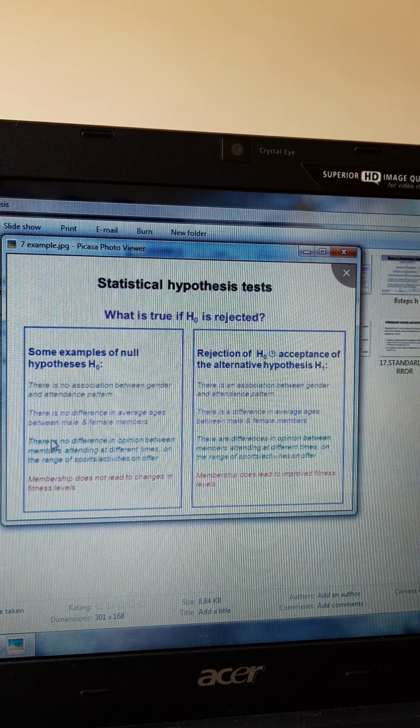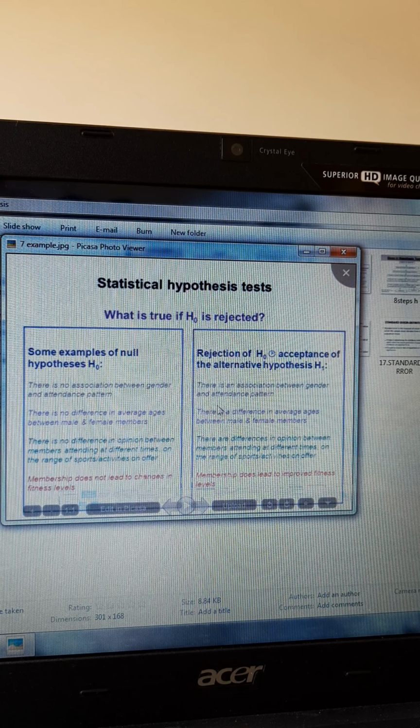Okay, there is no difference in opinion between members of the group which is attending. So these are all some examples of null hypothesis. Again, another set, this is for association. Okay, so more examples for hypothesis.